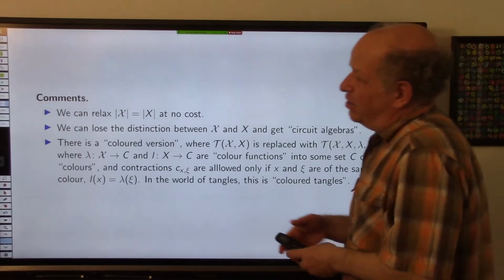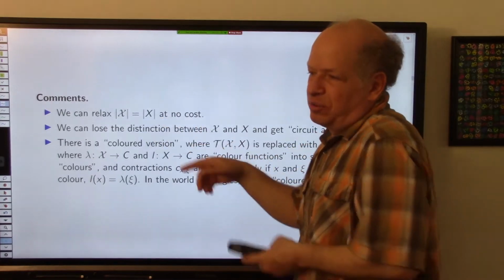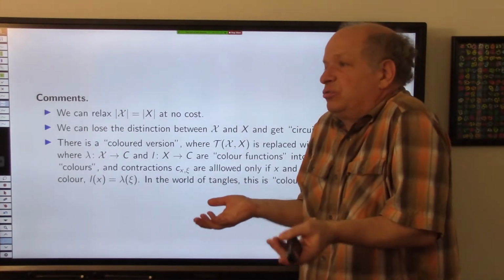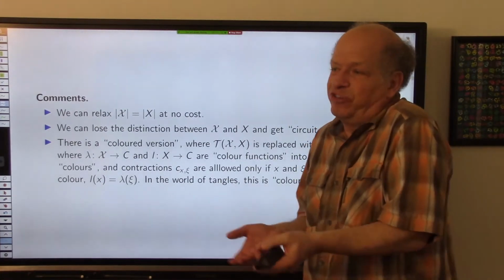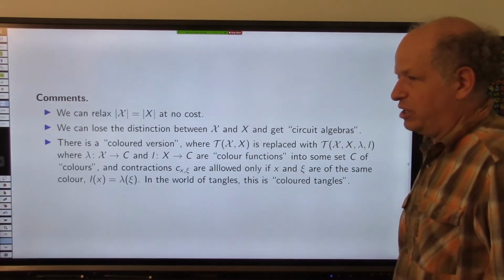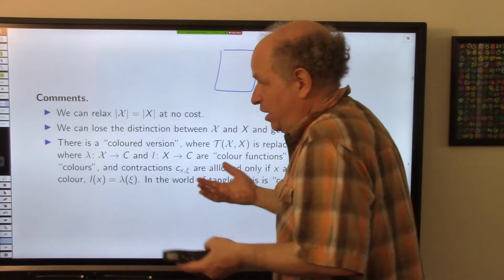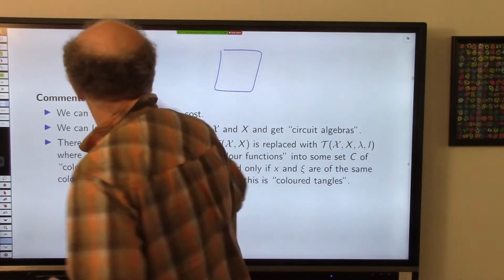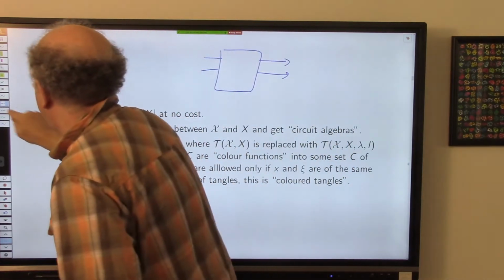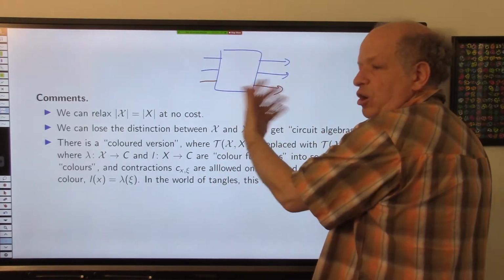Good. Comments: we can relax the condition that the number of inputs is equal to the number of outputs, and the definitions perfectly make sense, but we don't do it today because tangles always have the same number of inputs as outputs. And the second comment is that there is a colored version. So instead of talking about tangles or other contraction algebra elements that have only one type of inputs and outputs, I could be talking about contraction algebras in which the inputs and outputs have colors.